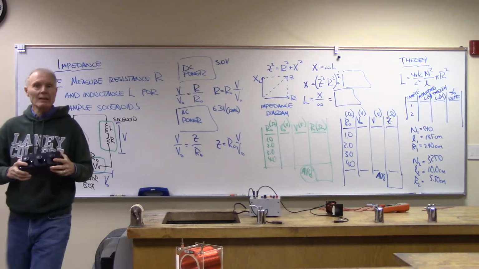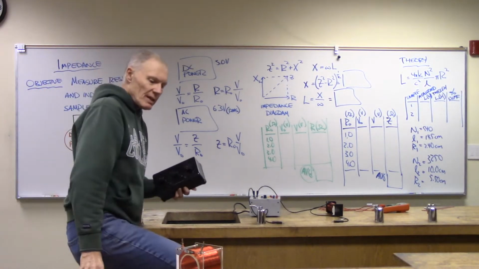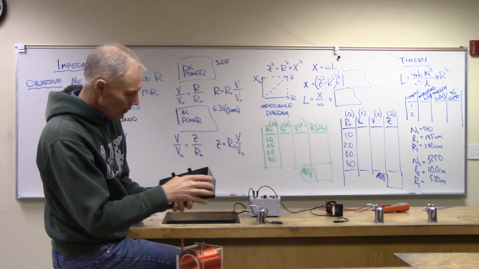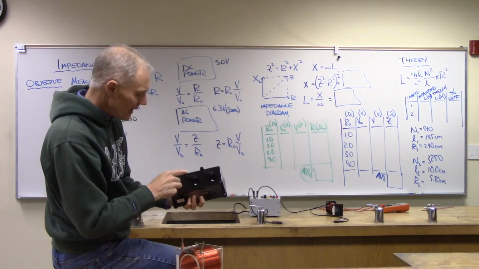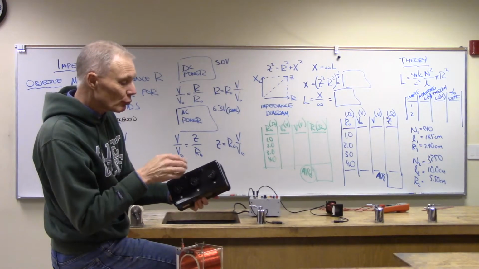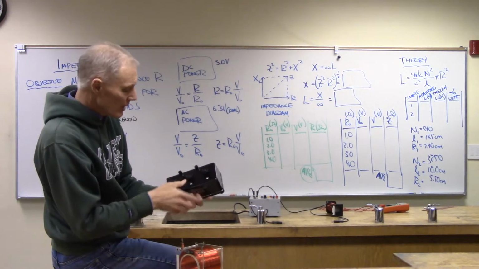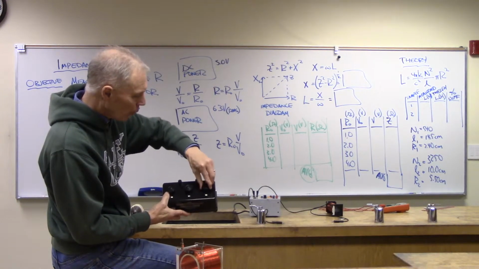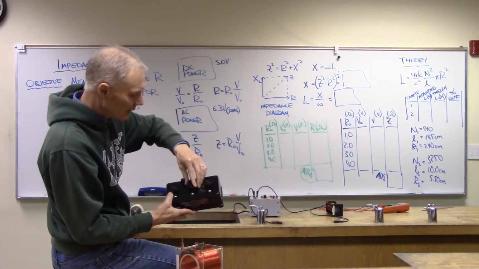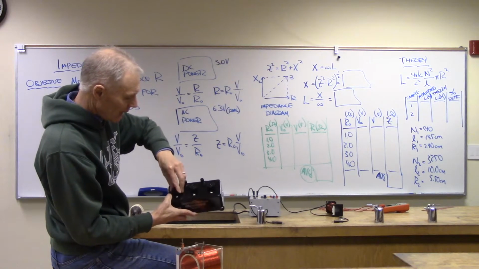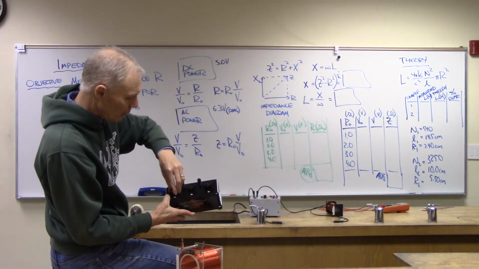These are really handy. I can just dial in a certain amount of resistance. It has 1s and 10s and 100s, and if I open it up, there's a bunch of resistances inside. I can dial in 1 ohm or 2 or 3, 10 or 20 or 30, 100, 200, 300, 400, 500.